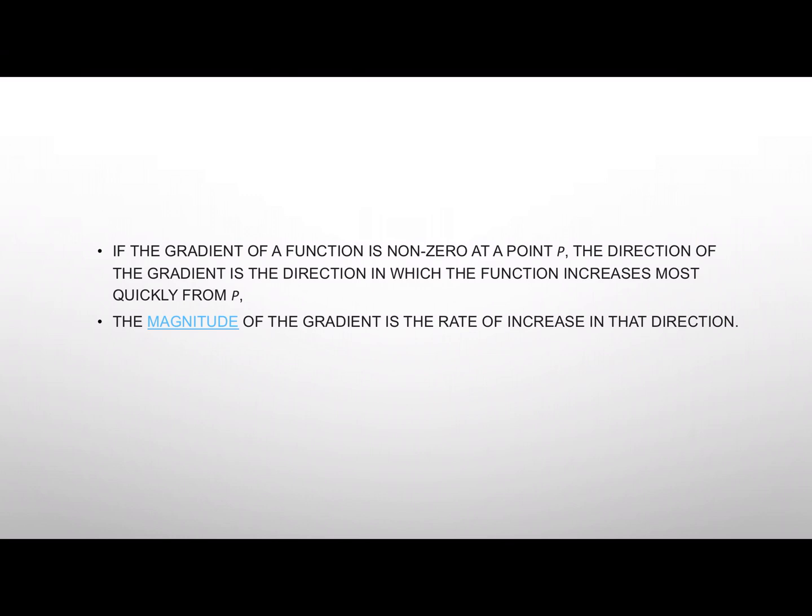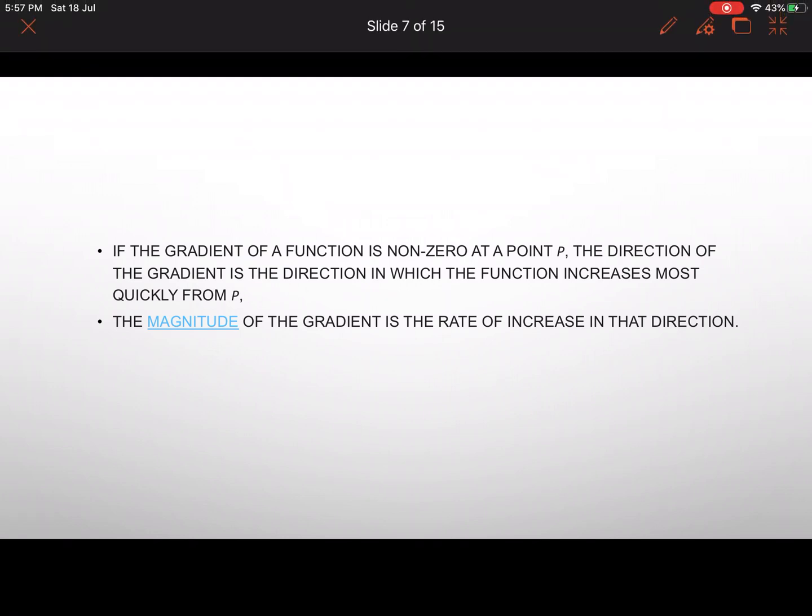If the gradient of a function is non-zero at a point P, what does it mean? The direction of gradient is the direction in which the function increases most quickly. Say for example, f is a scalar function, and at a particular point its gradient is not equal to 0. What does it mean? At this point, it is changing in a particular direction that is given by del f.